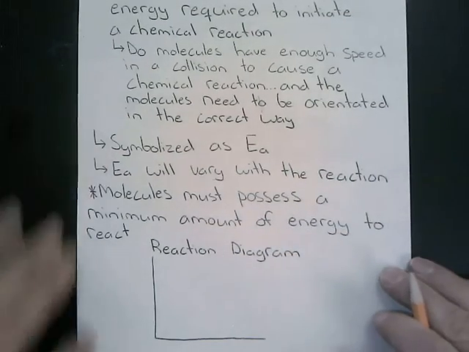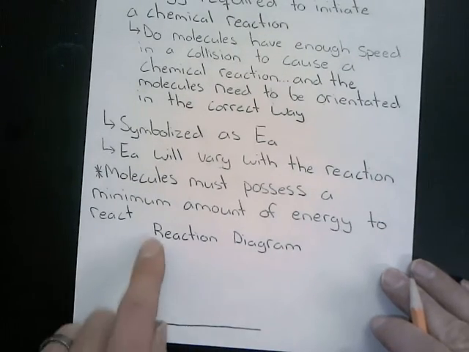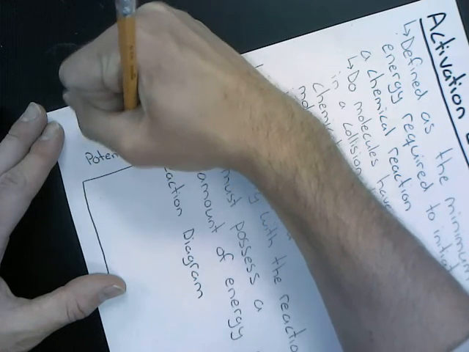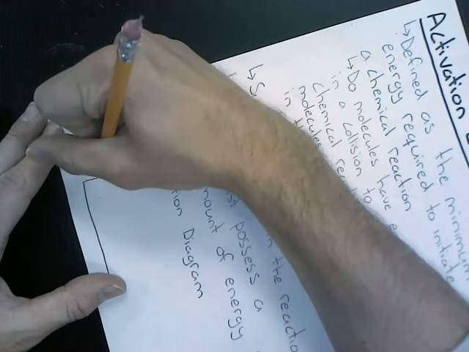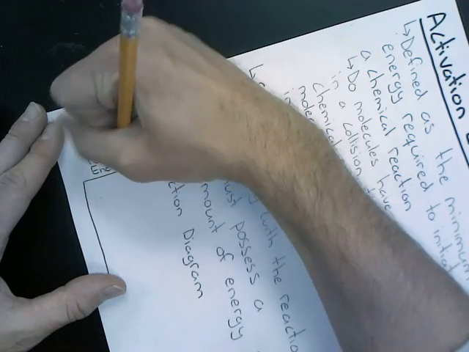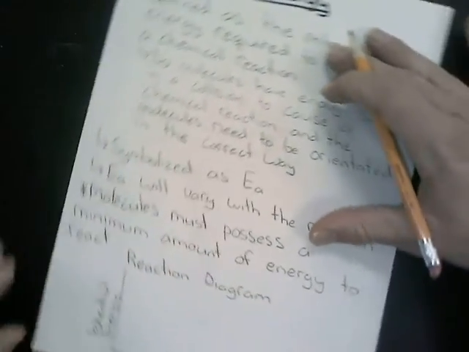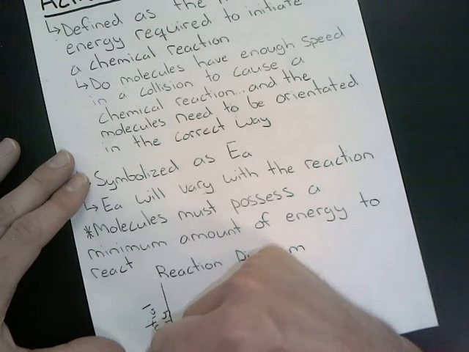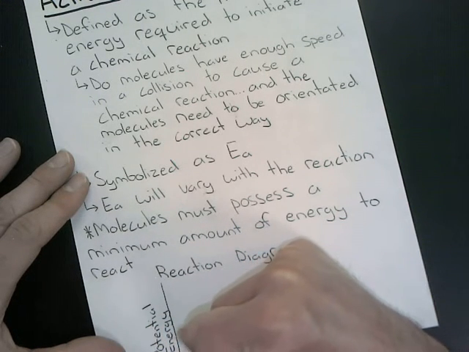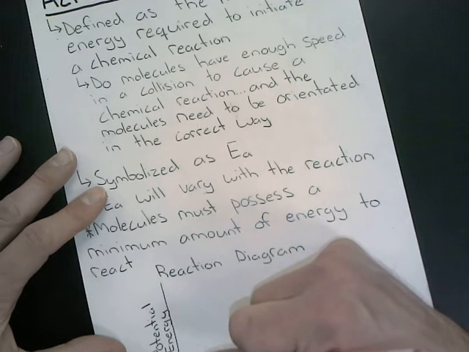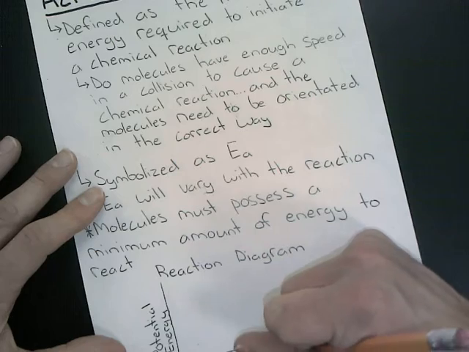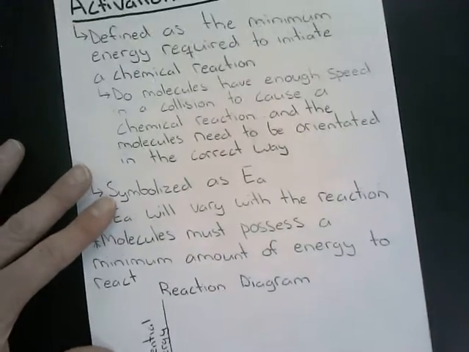On the y-axis, this is the potential energy of the chemicals involved in the reaction. Number two, on the x-axis, this is known as the reaction progress, what is happening as the reaction goes from reactants to products.